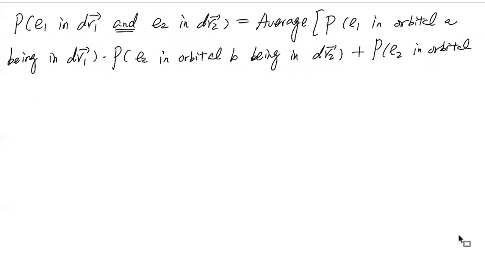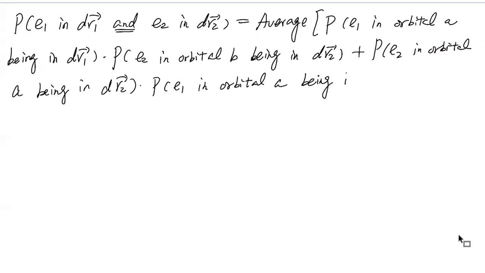So E2 in orbital A being in dr2 times the probability of E1 in orbital B being in dr1, right?